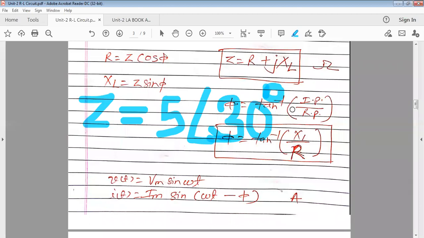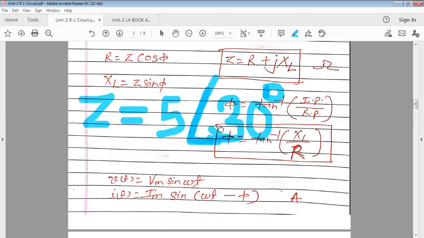So here phi is not 90 degree, which means it is series RL. First thing, it is series RL. And is phi positive or negative? Is it plus 30 degree or minus 30 degree? Plus 30 degree. That's why it's a series RL. And if it were minus 30 degree, then it's a series RC.